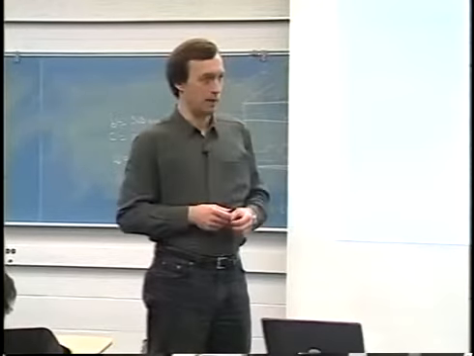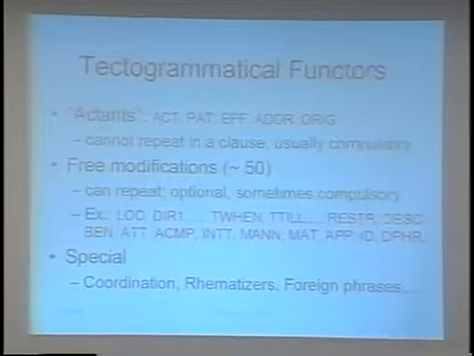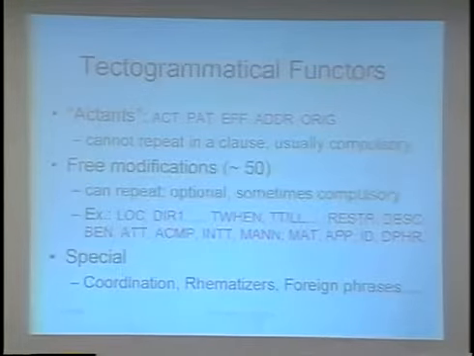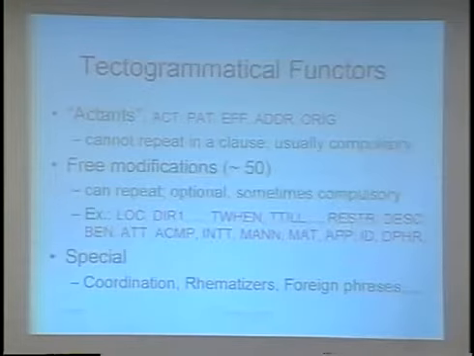So here, just to get an idea of what the set of functions is, we have about maybe 60 functions total. The first line shows the typical complements of a verb. And these have the specific property that they cannot repeat for a given verb in a clause.